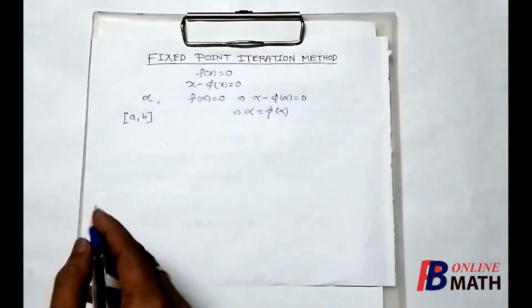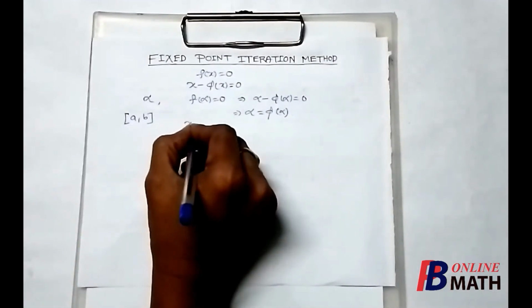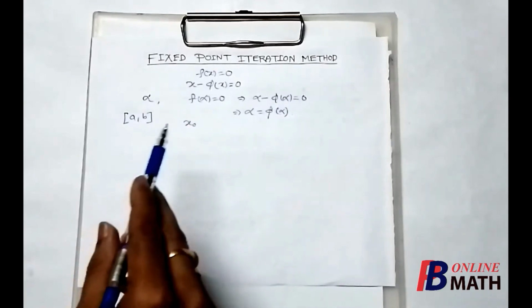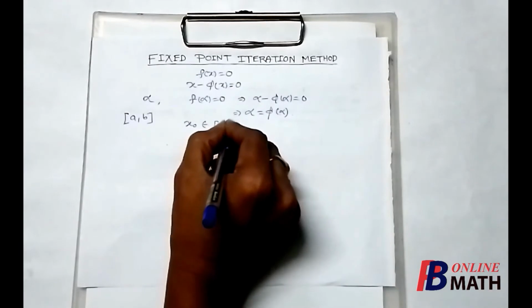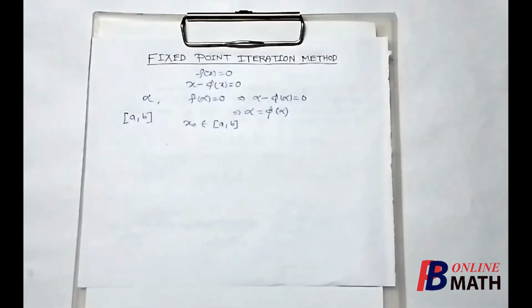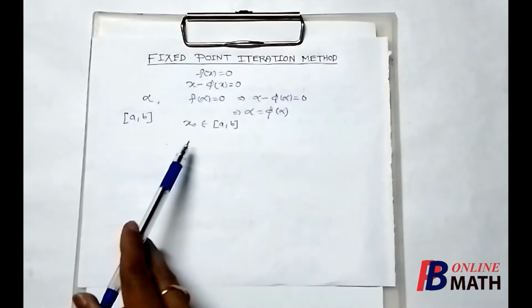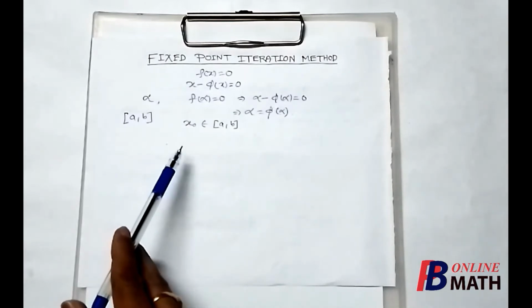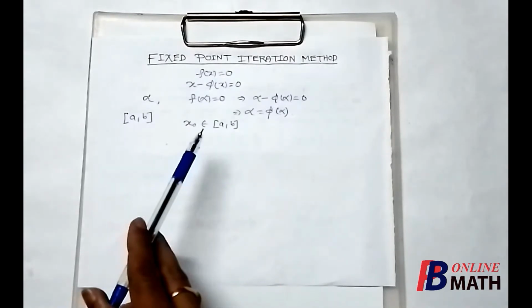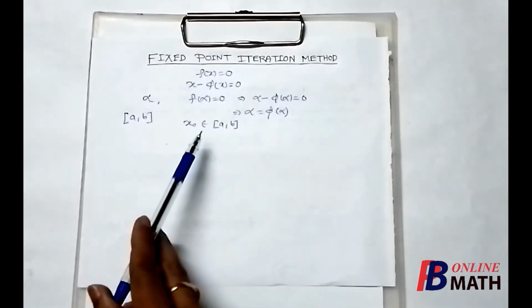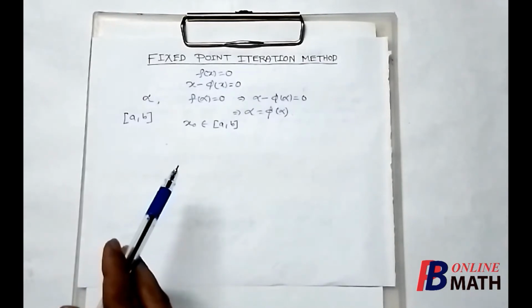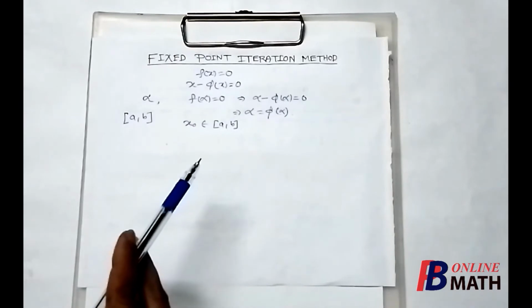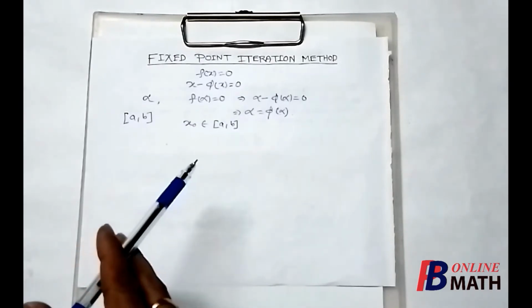So here we assume that x0 is the initial approximation of the exact root alpha, where x0 lies within this closed interval [a, b]. We shall find successive approximations starting from x0, and we shall stop computing when we get the approximate root correct up to the desired order of accuracy.